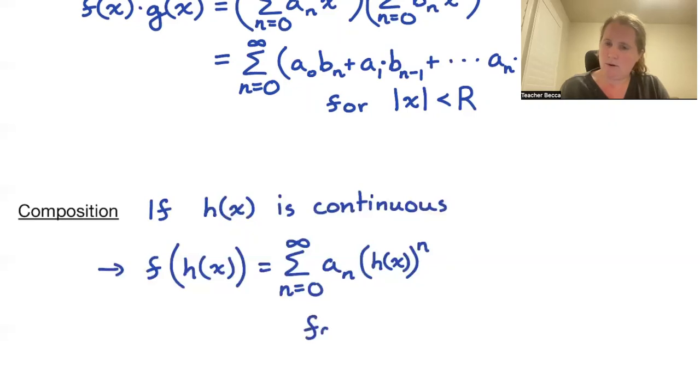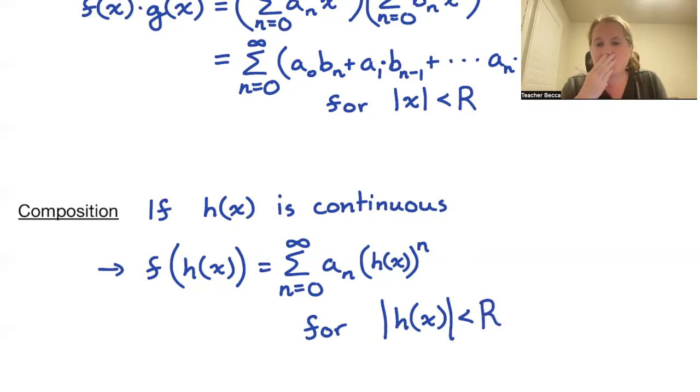And this is for absolute value of h of x less than r. So essentially, as long as we are looking at an interval where the range of h of x falls within the radius of convergence, then we can just compose the function in the series.